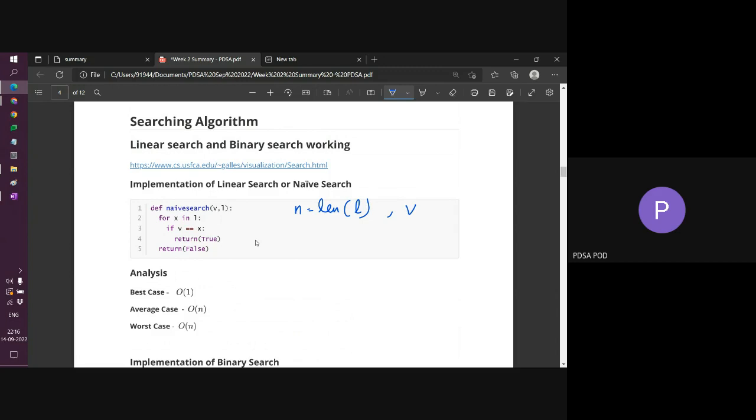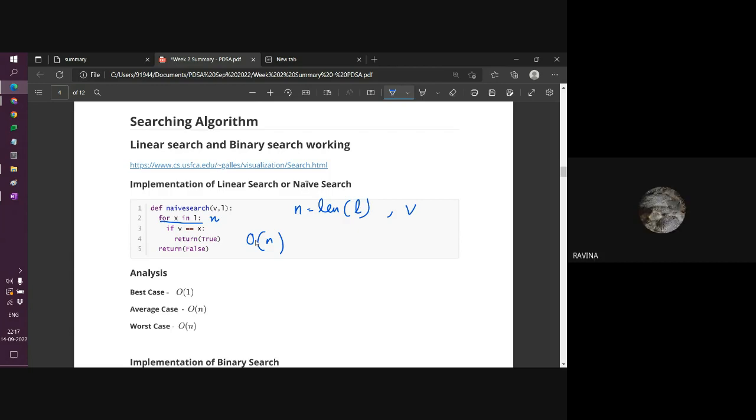So this for loop is actually dependent on n, correct? From whatever we have explained so far, it is very easy to see this is O of n. Does anyone have any confusion on this?